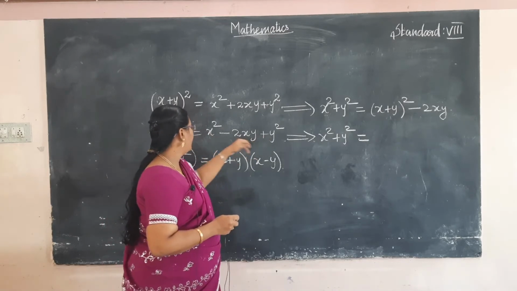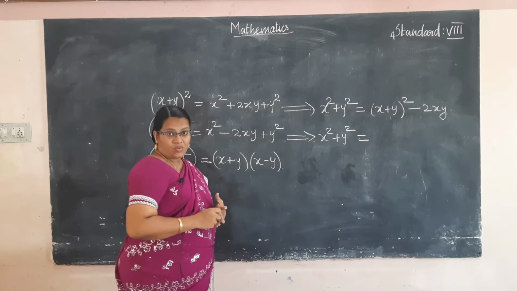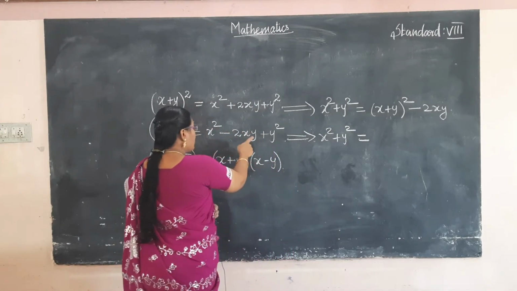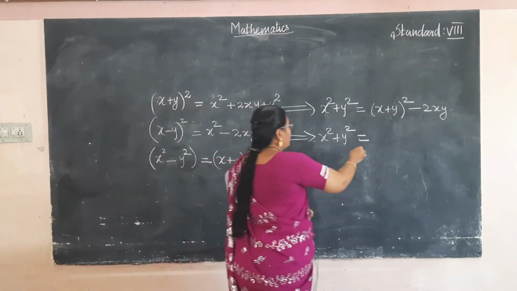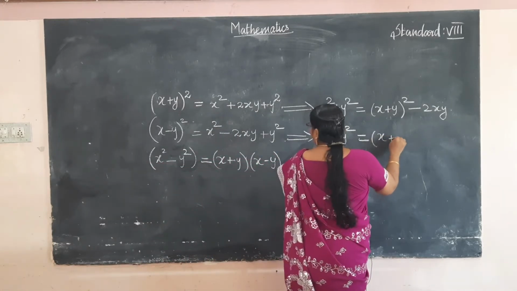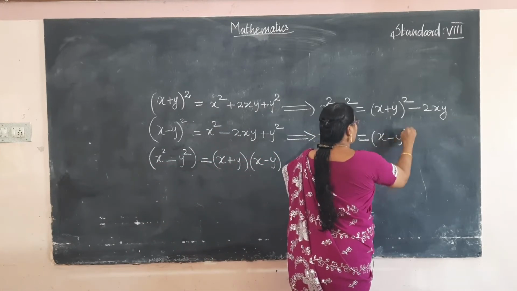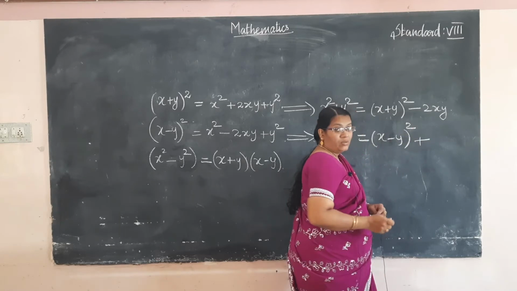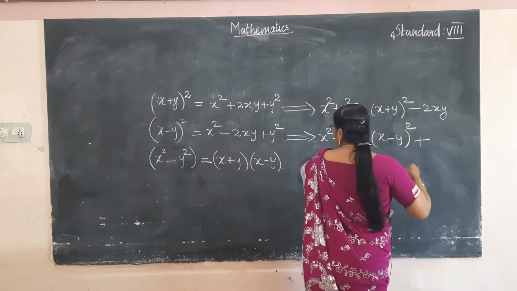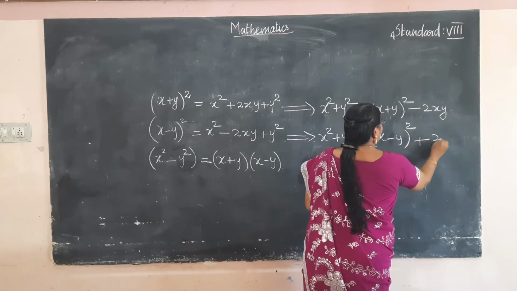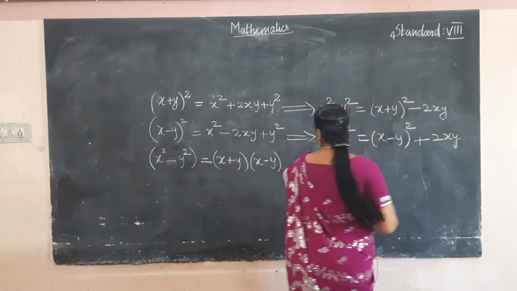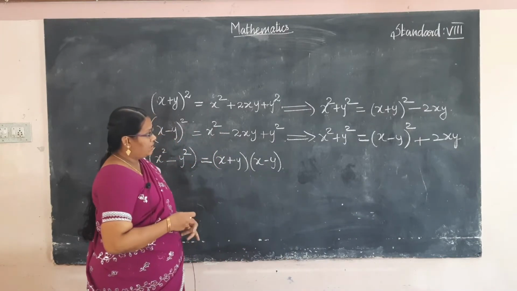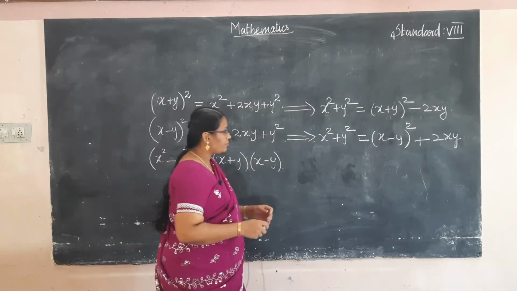How do you find the value of x squared plus y squared? We use this formula. So minus 2xy comes to this side as plus, so x minus y the whole square, minus moves to that side by using the transpose method, minus changes to positive 2xy.